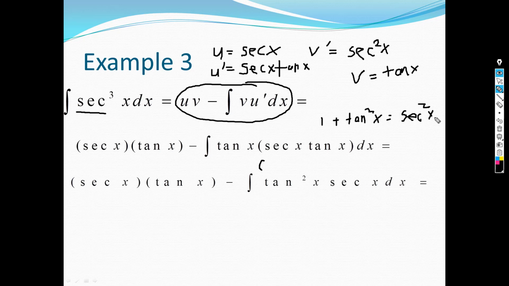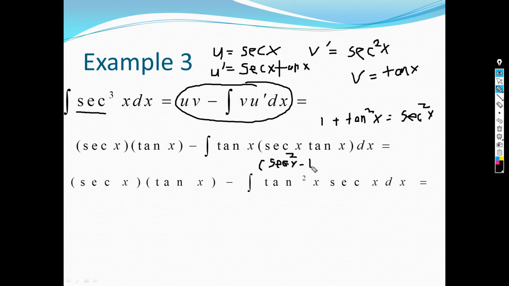And then from this, solving for tangent squared, I can replace this tangent squared right here by secant squared minus 1.